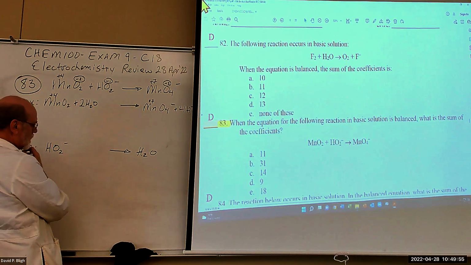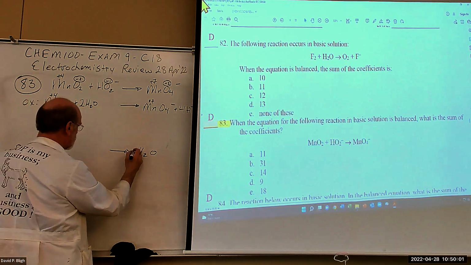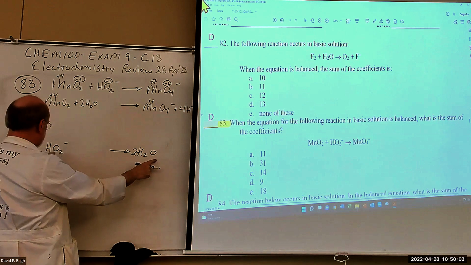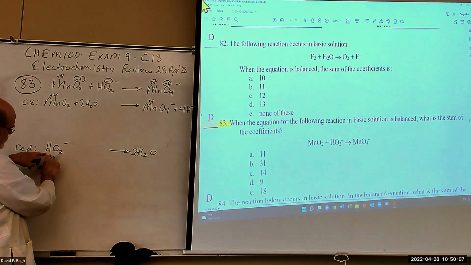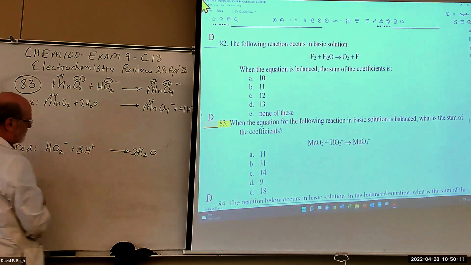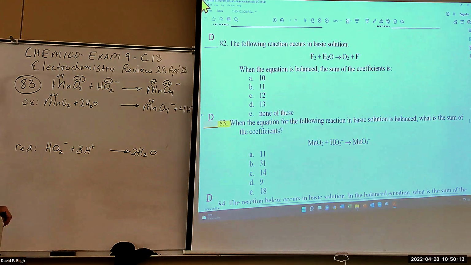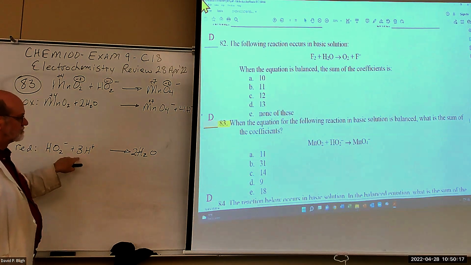So if we do 2 oxygens here, that means 4 hydrogens. There's 1 here already, so we need 3 hydrogens on this side. Okay? That's the trick. That's what I missed right there.